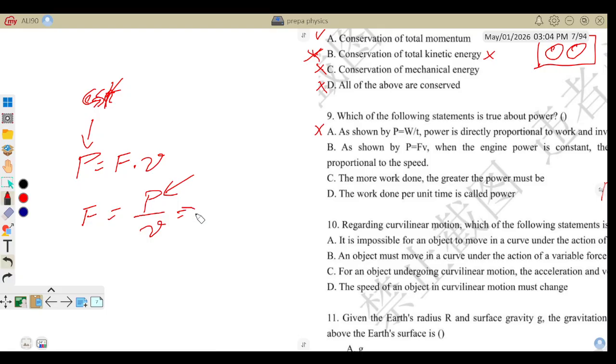That means F would be something like K, a certain constant, times 1 over V. In that case, we see clearly that F is inversely proportional to V, in the case where P is a constant. So B as well is not correct.